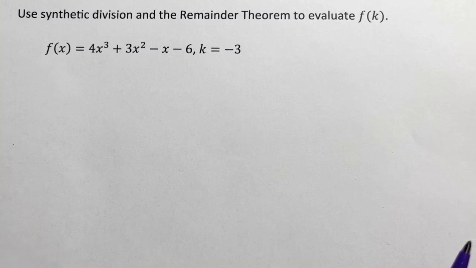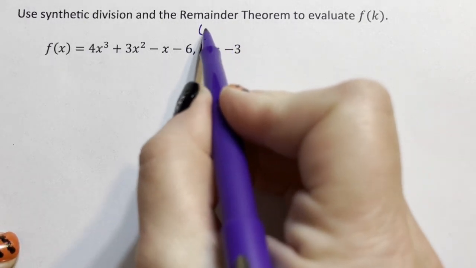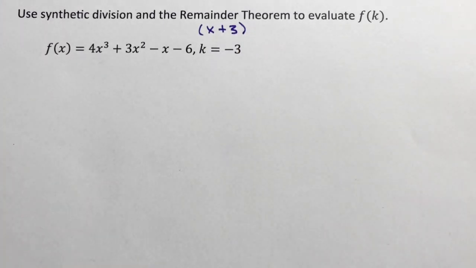In synthetic division, this essentially is the same as x plus 3 if it were a factor, but we're not using it as a factor. We're saying, hey, we want to divide x plus 3 into this, and the question is, what is the remainder? And the answer is the remainder is the same as just putting -3 into the function.